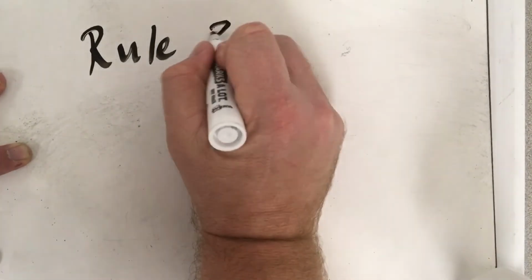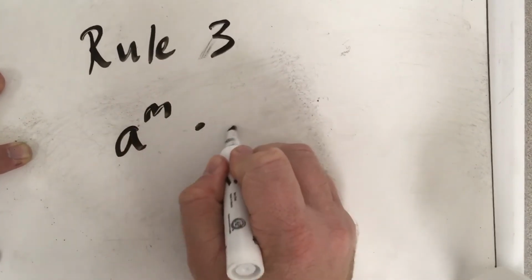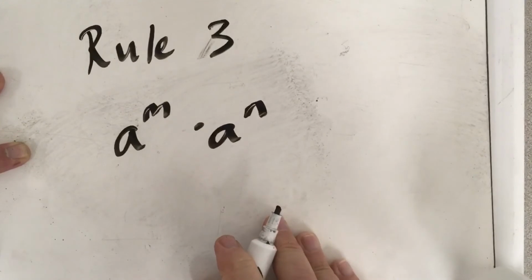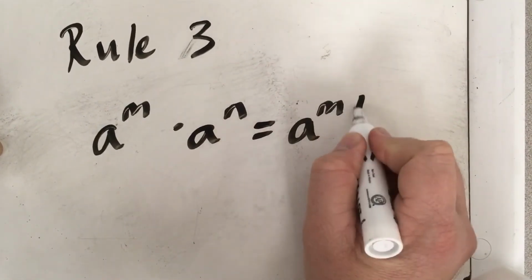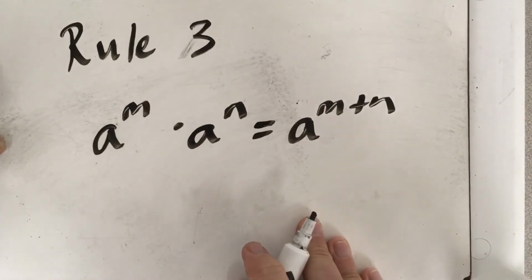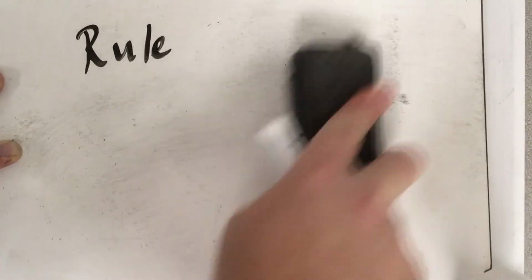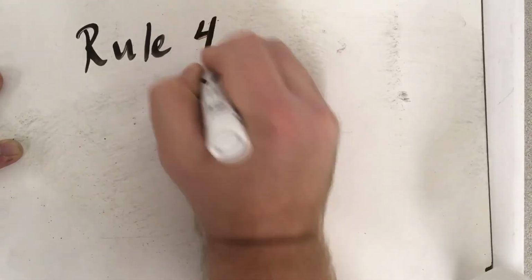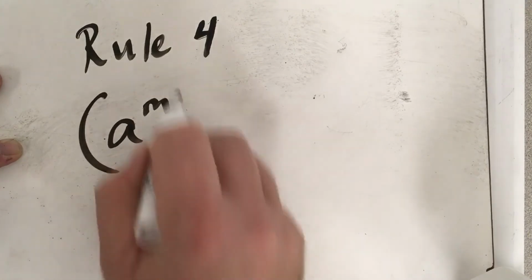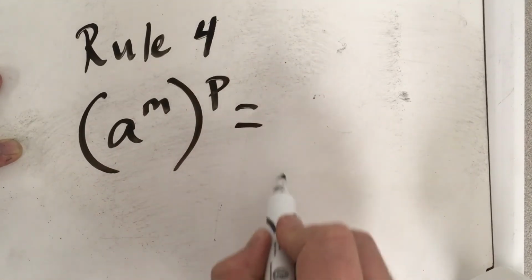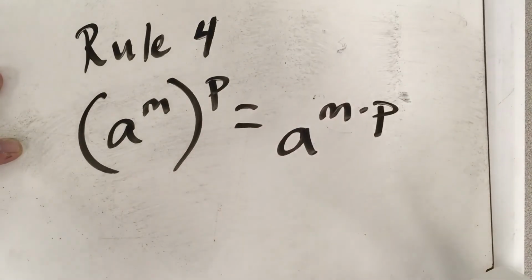Rule 3, like bases, and you're asked to multiply, the shortcut is to add those exponents. Rule 4, if you've got to raise a power up to another power, the shortcut is to actually multiply those exponents.